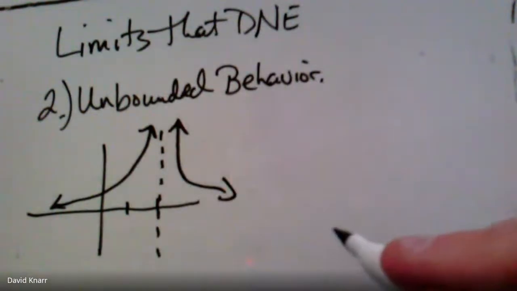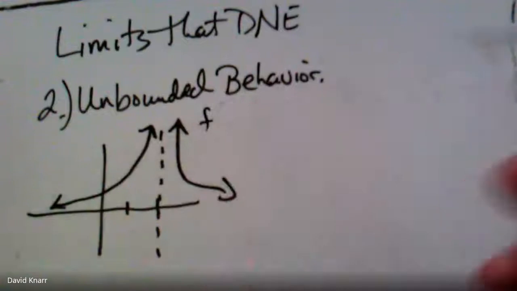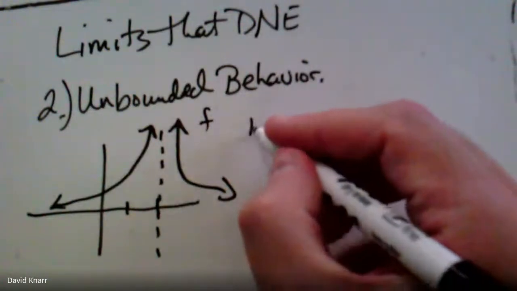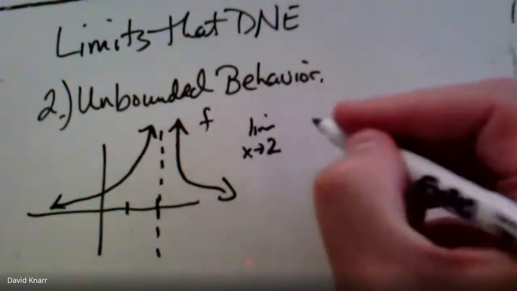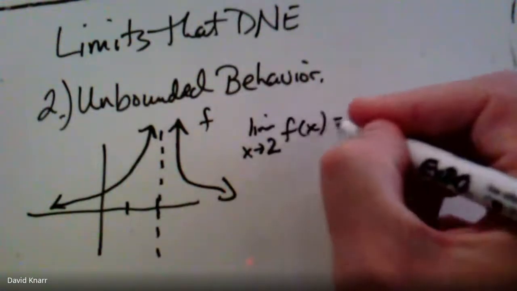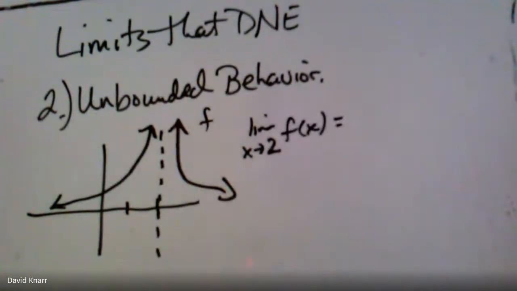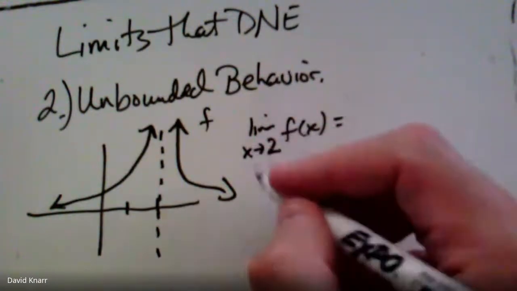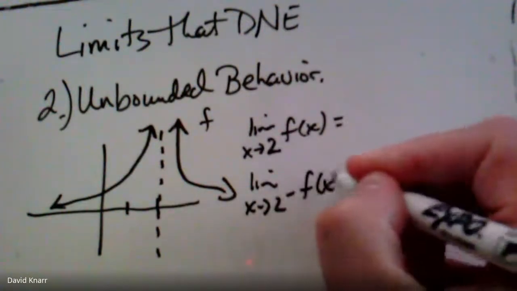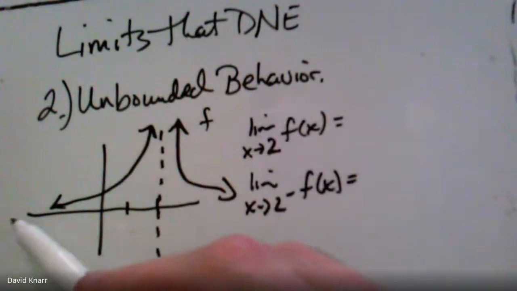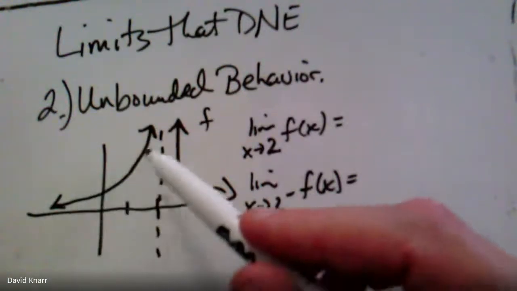So let's say this was my graph. I'll call it f of x. And I were to ask you, what is the limit as x approaches 2 of f of x? Well, you would say, from the left and from the right, it doesn't say, so I have to try from both sides. If I try the limit as x goes to 2 from the left of f of x, from the left means follow this piece, work my way all the way up.